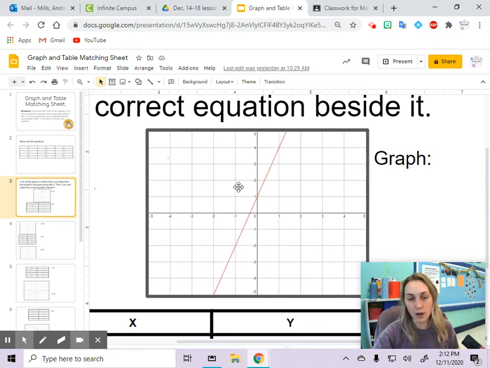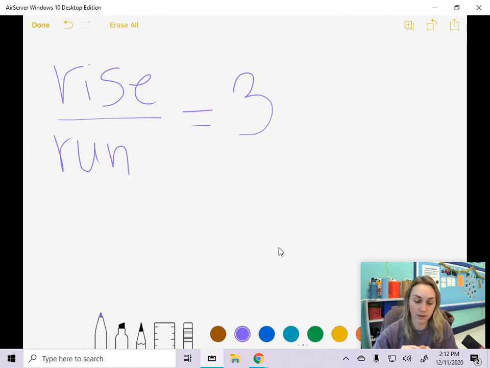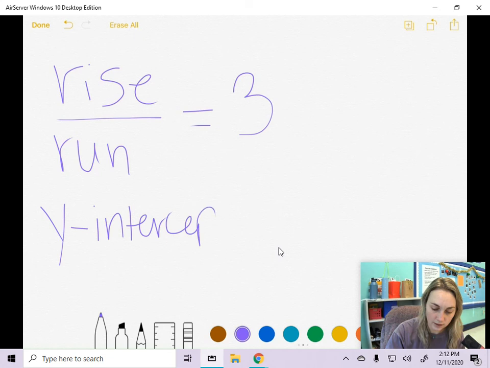We need to figure out where the line crosses that axis. If we follow that line, it crosses at positive 1. So our y-intercept is going to be positive 1. Let me put that in here. My y-intercept is going to be plus 1.